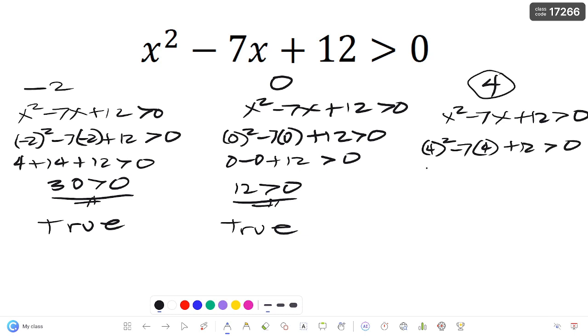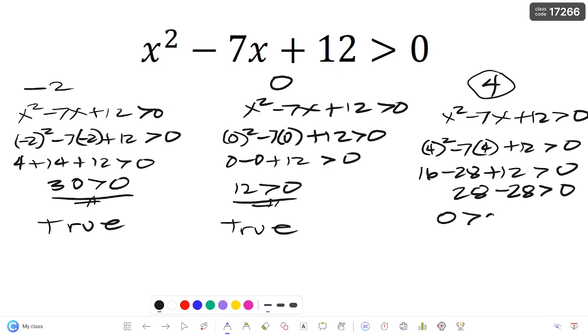So, 16 minus 28 plus 12 greater than 0. Ayan, 16 plus 12, ang sagot natin dito ay 28, minus 28 greater than 0. So, ito, 0 is greater than 0. Siyempre, hindi 0 greater than 0. So, ito ay false.